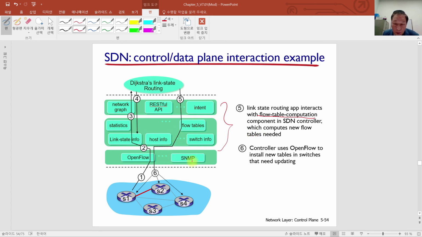And that information will finally be used, as this controller uses OpenFlow to install new tables in switches that need updating. And that information is given to here in this flow table, and that entry will be updated because that is disconnected.